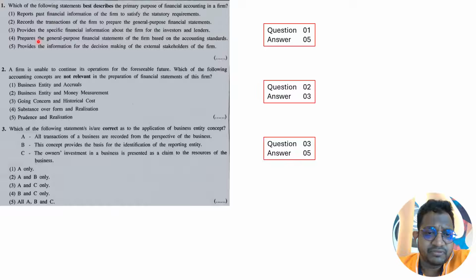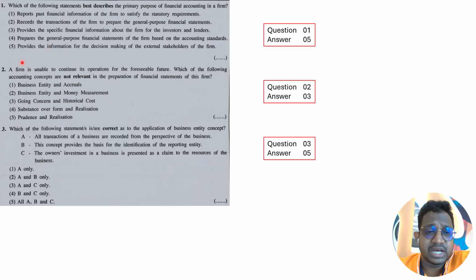Provides specific financial information about the firm for investors and lenders. Not only the specific financial information, and we are not only providing information for investors and lenders in accounting. Prepares the general purpose financial statements of the firm based on accounting standards. It's a general term, but it's not the primary purpose.